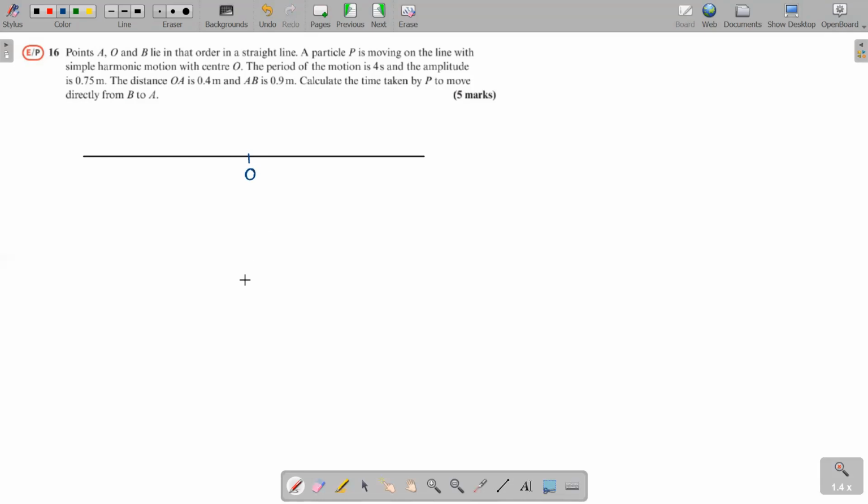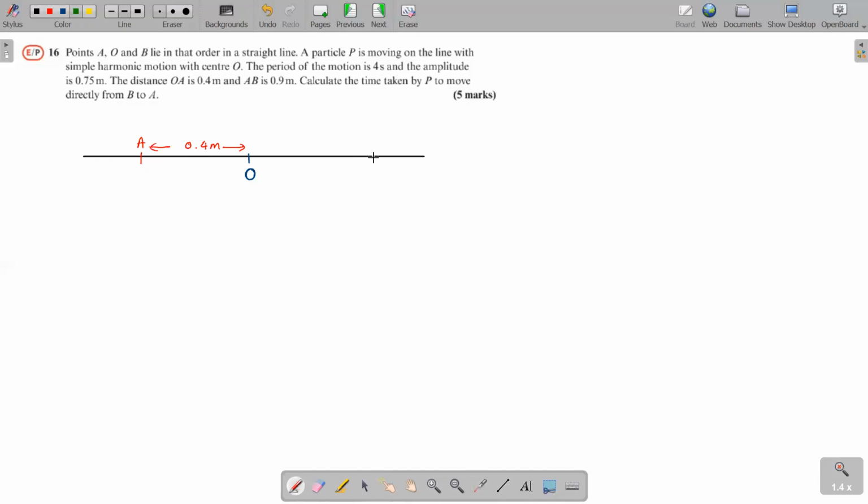And then point A. Now they say A, O, B lie in that order, right? Which means A has to be somewhere over here, O and then B. So they say distance OA is 0.4. So O to A distance is 0.4 meters. Guys, are you with me? We know the amplitude is 0.75, right? And the distance AB is 0.9.